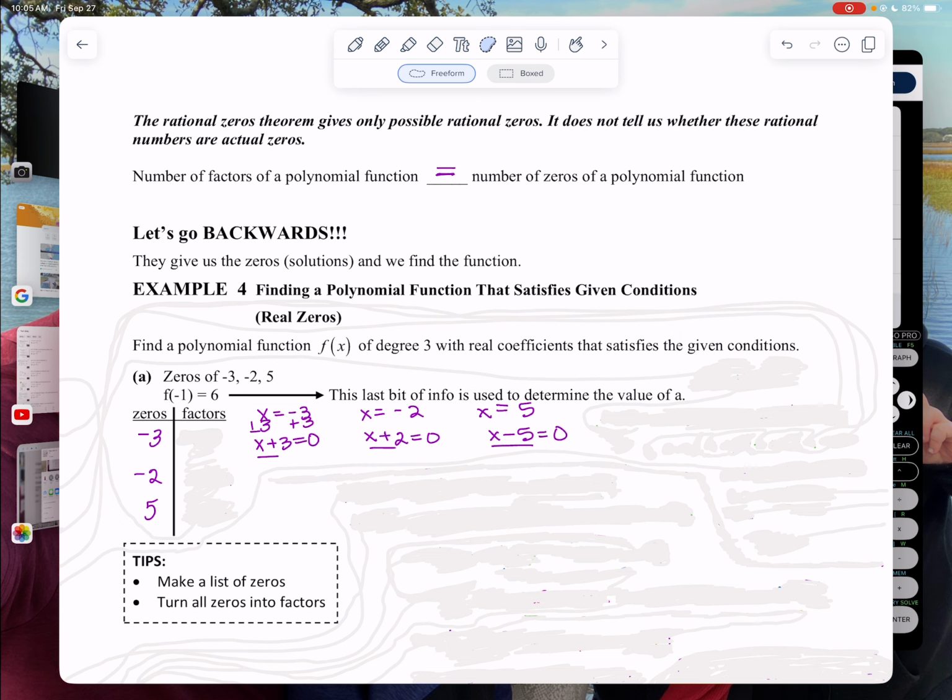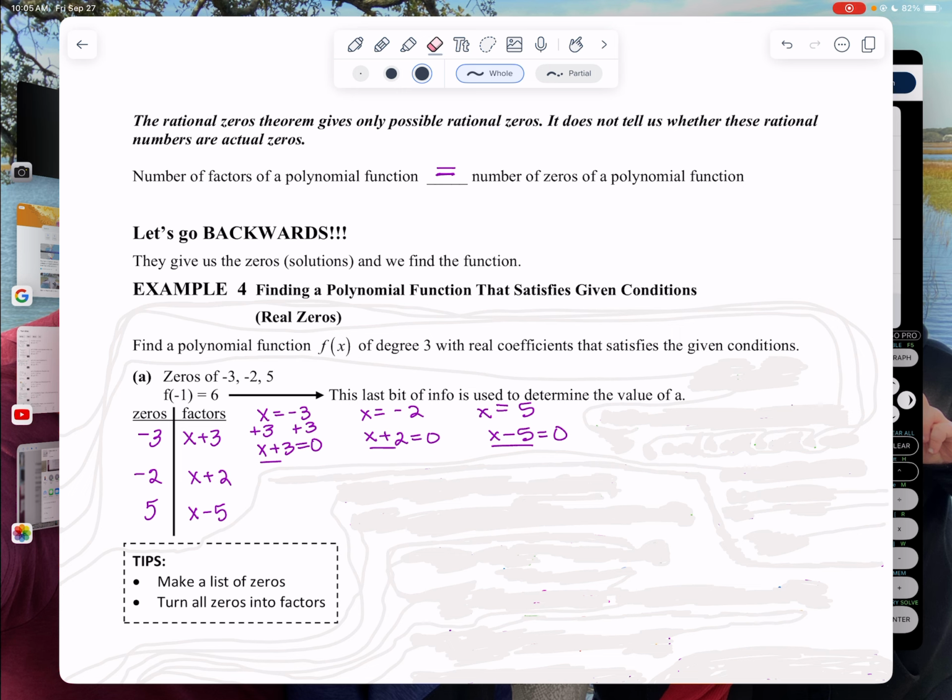This right here is my first factor. Then I did the same thing to x equals 2, so that gives me the second factor. And then x equals 5, I subtract, and that gives me my next factor. So then I list all my factors, okay?